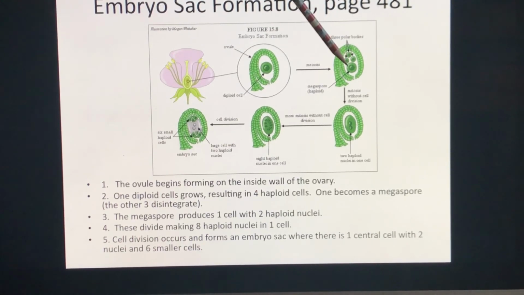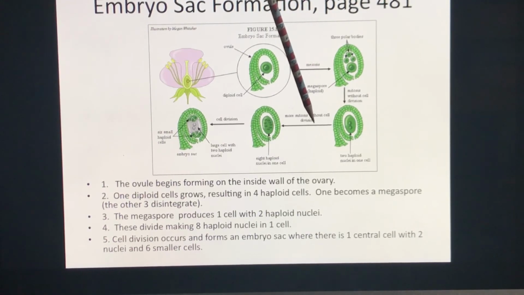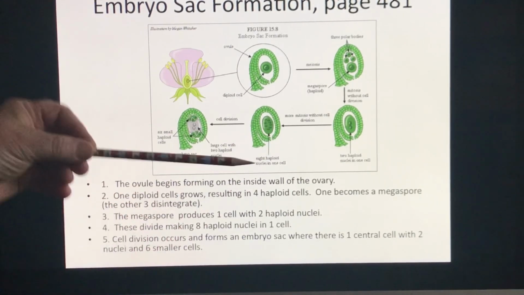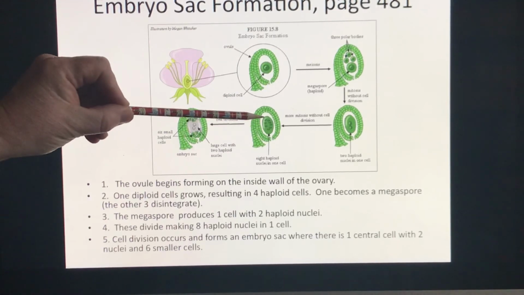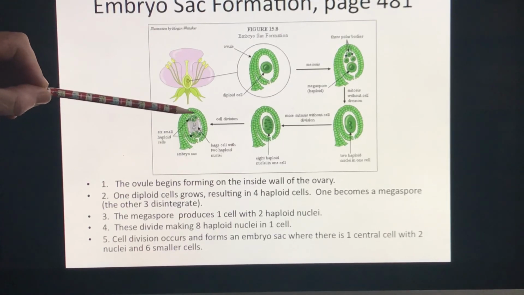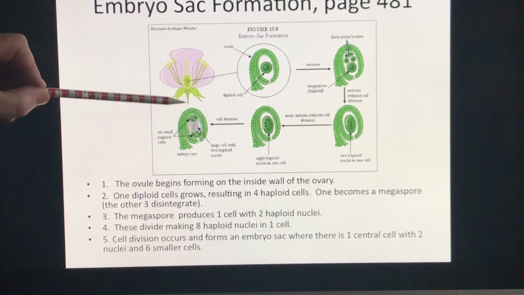Okay, this megaspore undergoes mitosis, so it divides and creates 2 nuclei here. It's still encased in 1 cell, but it's 2 nuclei. And then that undergoes nuclei division, and then another nuclei division until finally you have 8 haploid nuclei in that 1 cell. Once it has that full complement of 8 nuclei, you finally have cell membranes forming, so that you actually have a total of 7 cells here.